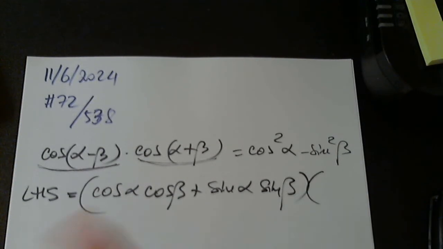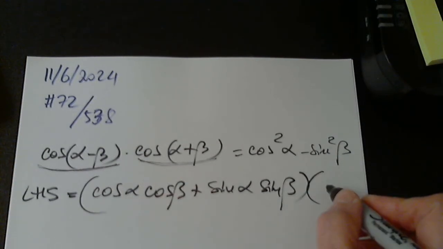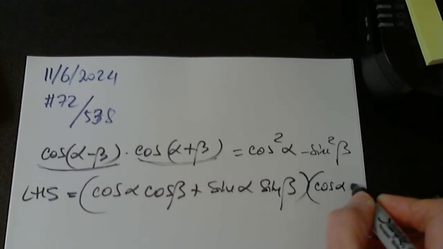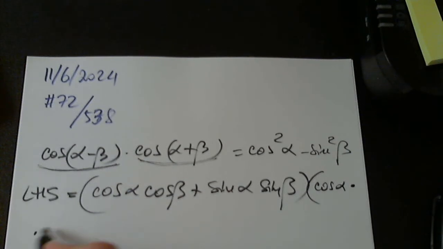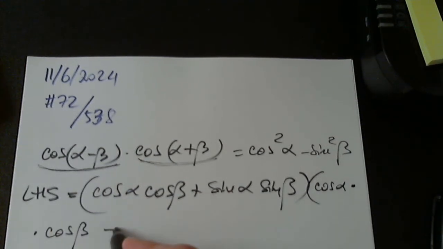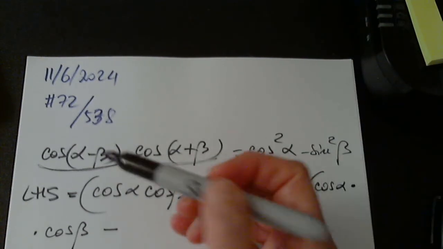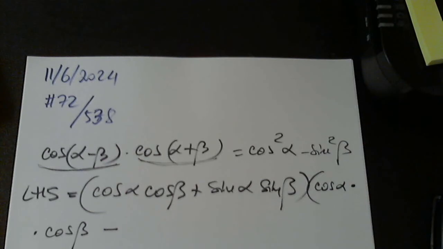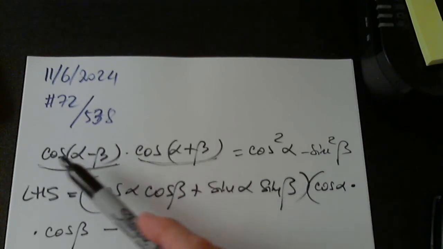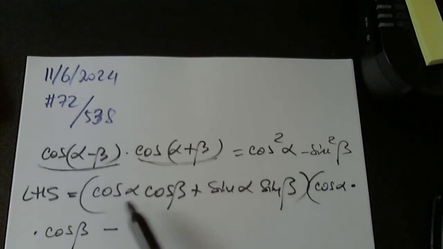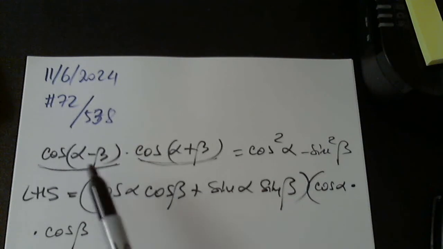And then multiplied by cosine alpha plus beta. So it's times cosine beta, right? But minus is the same thing. Remember, the cosine is a little bit twisted: cosine alpha minus beta has cosine alpha cosine beta, but plus.